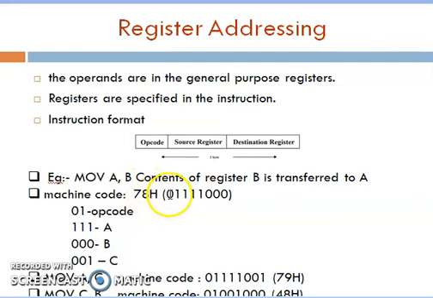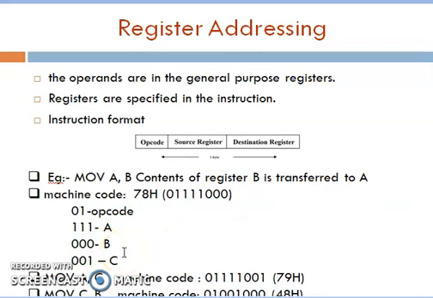It is 0 1 1 1 1 0 0 0. This 01 is actually the opcode MOV. Then this 111 denotes register A, the destination register, and this 000 denotes register B, which is the source register.